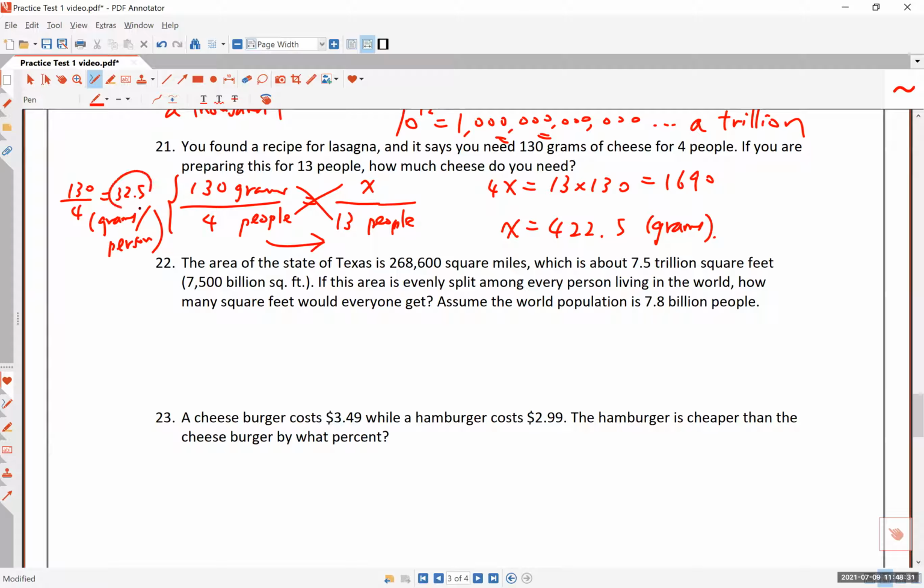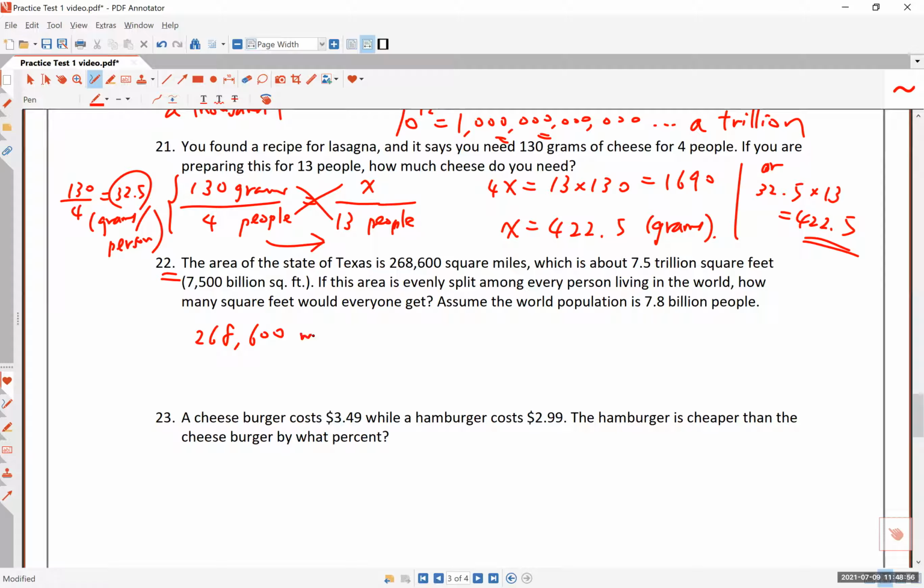And you can just multiply this by 13, 32.5 times 13, and you get exactly the same answer, 422.5. So that's okay too.